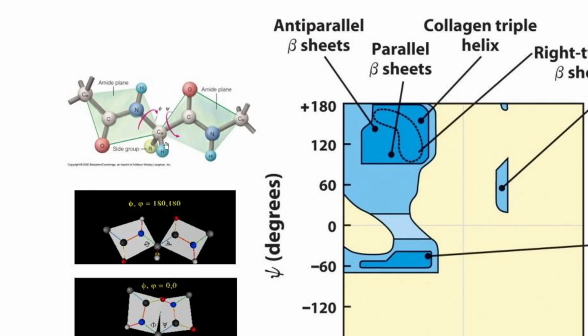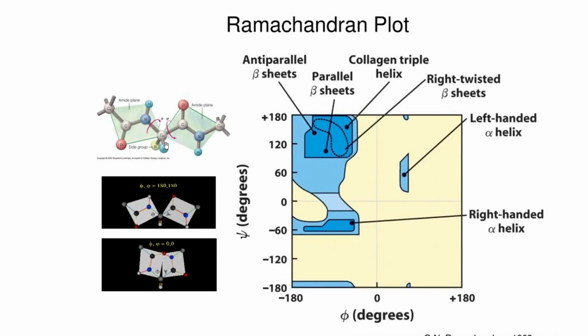Eventually, G.N. Ramachandran gave the Ramachandran plot, which is kind of a dictionary for structural biologists, especially those studying protein structures.